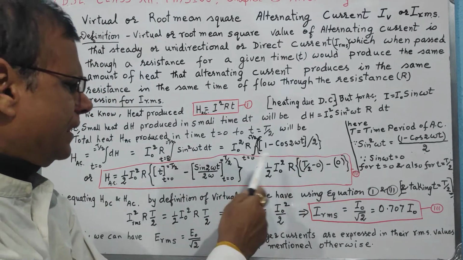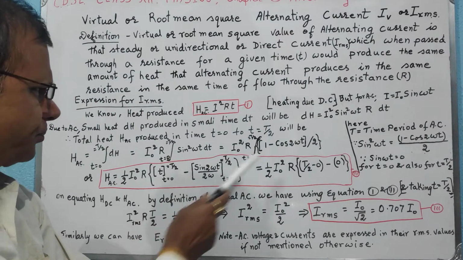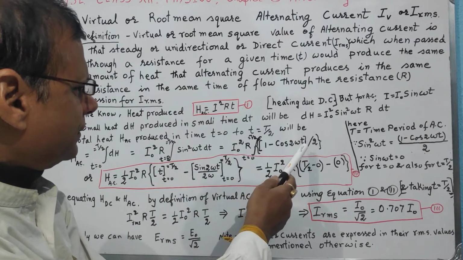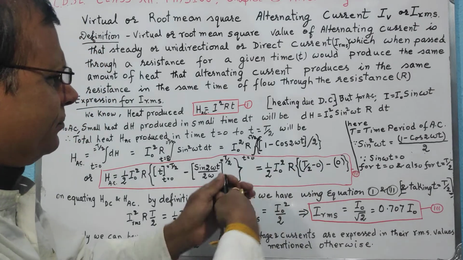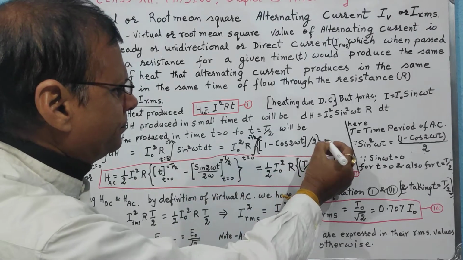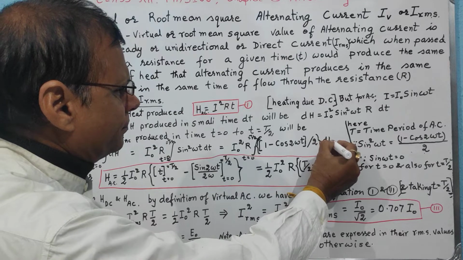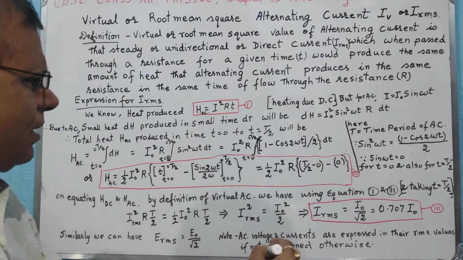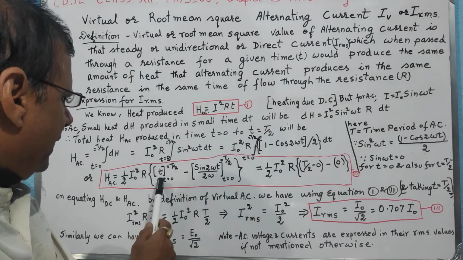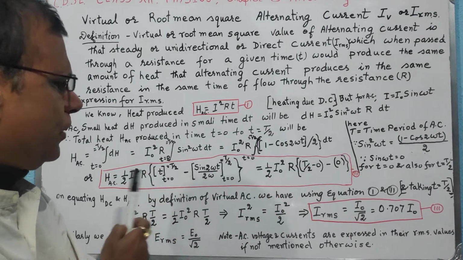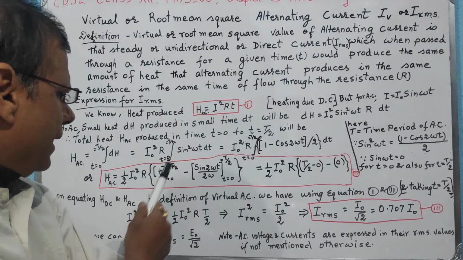So if we write them separately, of course we have dt over here. Integrating dt we get t within limits t equal to 0 to t equal to capital T by 2.